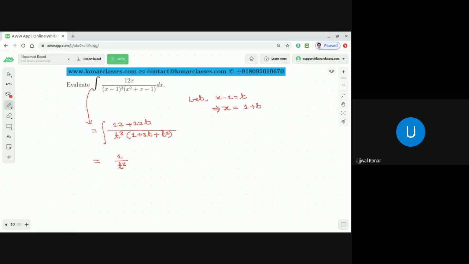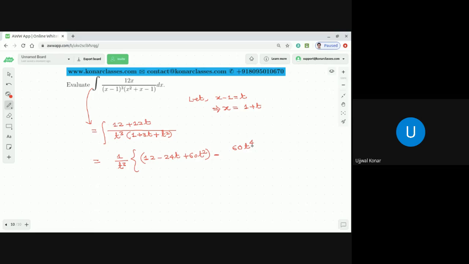Then you will get something like this. You need to divide. So it becomes 12 minus 24t plus 60t square minus that, you need to make the long division. I'm not doing it here. I hope you'll be able to do it, right?